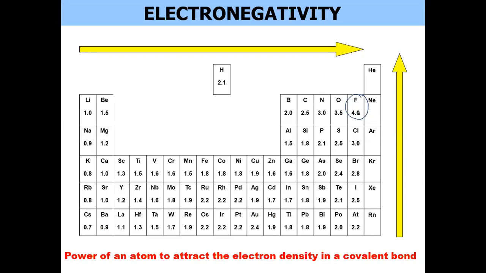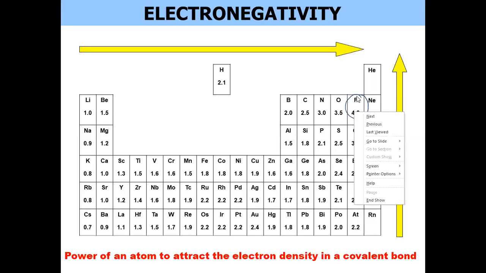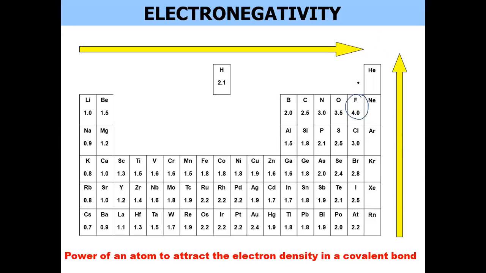To attract electrons, you need a small radius and hopefully as high a nuclear charge as possible. Like in this period, this one has the smallest radius and highest nuclear charge. But can you see there are no values here for the noble gases? Why are there no values for noble gases? Because electronegativity is about covalent bonds, and they don't form covalent bonds. They're not reactive.